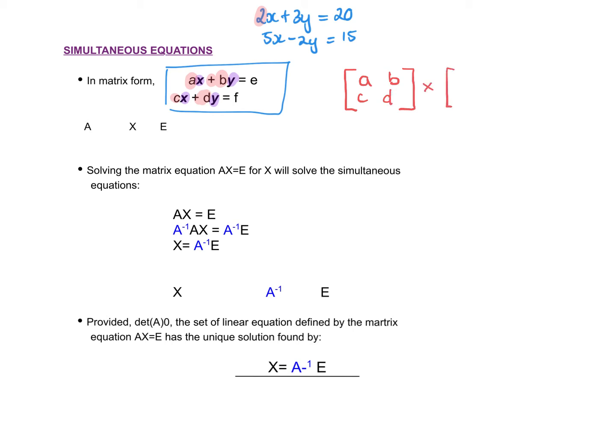Then we put our two unknowns in a column matrix like that, x and y. Why do I put x on top? Because in our equations, x is listed first, so x is on top, and y is the second one. Then we write equals, and it equals the ending answers, so for this one, E and F. That's a basic template.